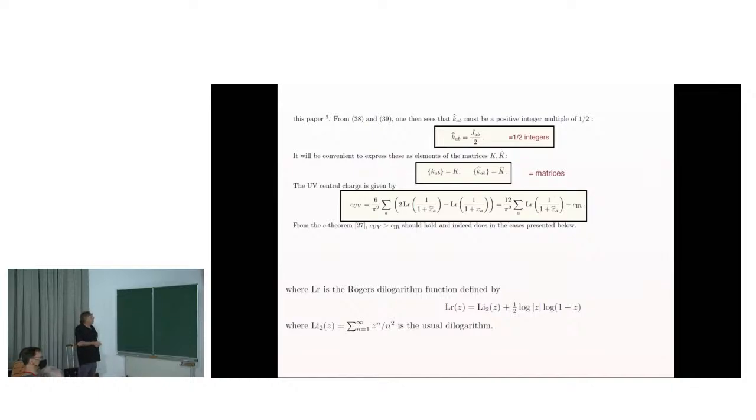This L_R here is the so-called Rogers dilogarithm. It's the standard dilogarithm plus a log term. Okay. So it's relatively simple. So if you find the solution to these X hats, this plateau equation, you plug it in and you see if you have a sensible central charge.